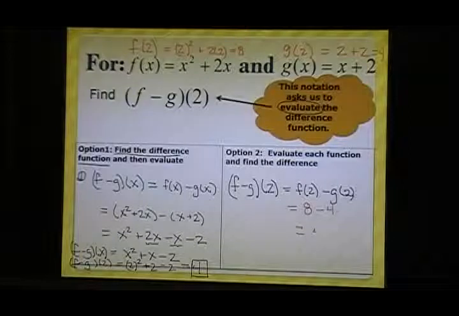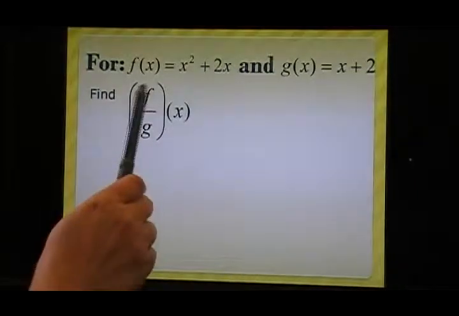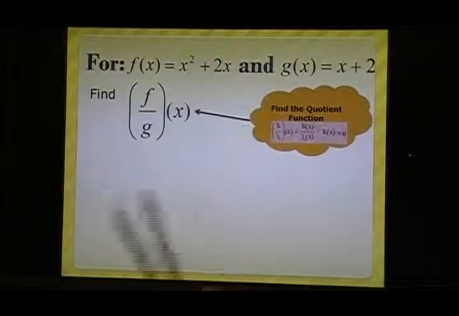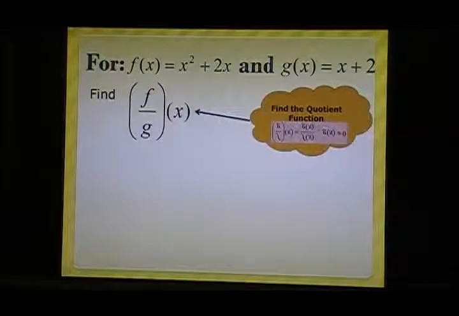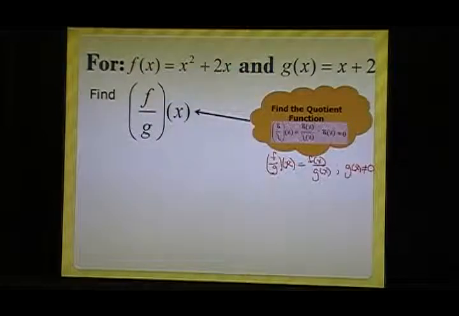And 8 minus 4, we get the same answer using either method. Quotient function, so if we want to find f over g of x, you can do so by taking f of x divided by g of x, as long as g of x does not equal 0.